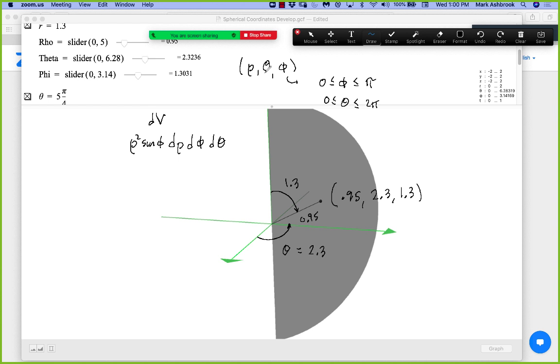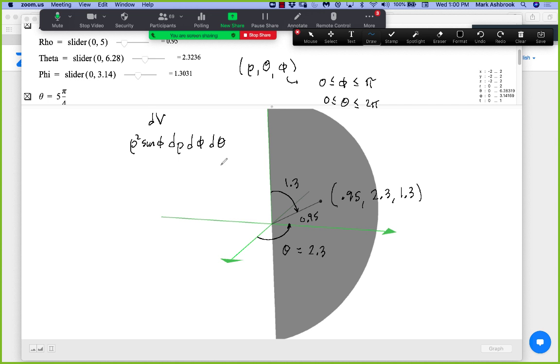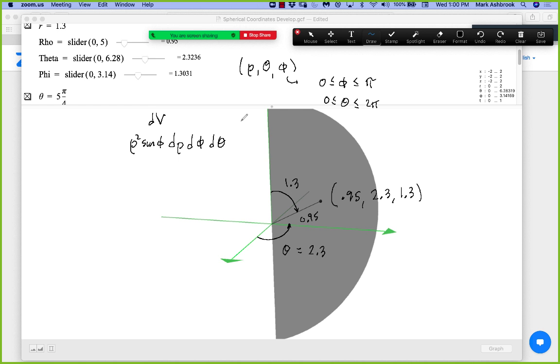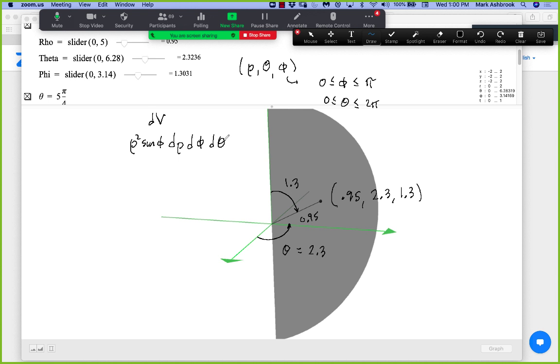I know that it's rho theta phi for points. Typically, when I do the triple integrals, I do d phi d theta. But it doesn't really matter because the limits of integration for phi and theta, 99% of the time, are constants. So when you have constant limits of integration, you can just swap them without fear of anything being wrong.